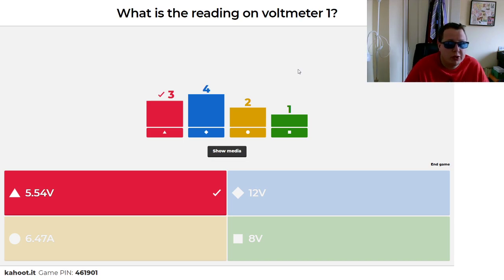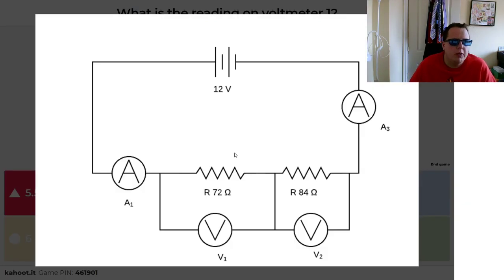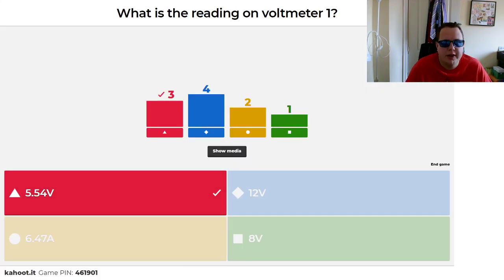Yep, 5.54 volts. So a couple of ways you could do this. Best way is use our current reading of 0.077 amps, multiply it by 72 and you get 5.54.